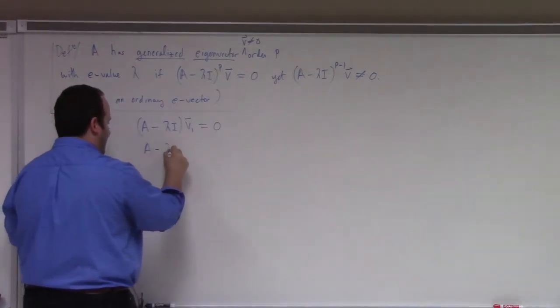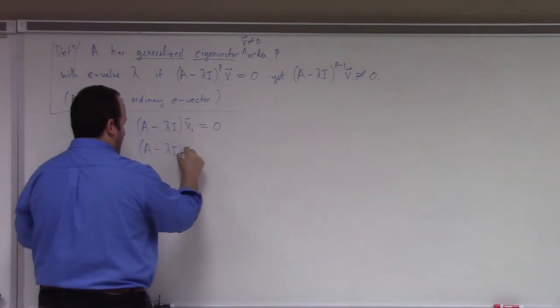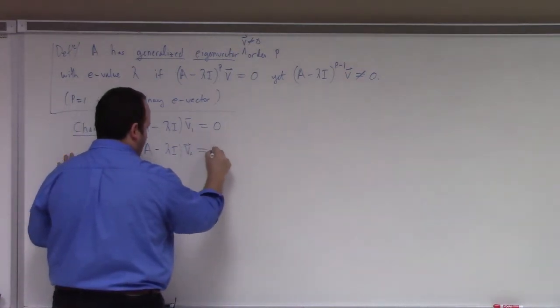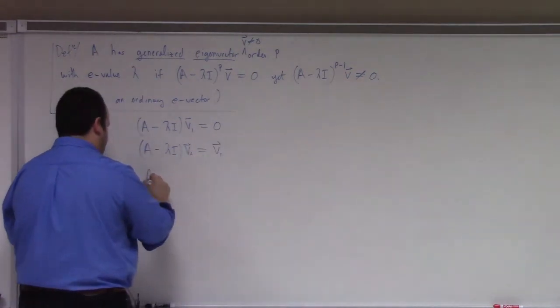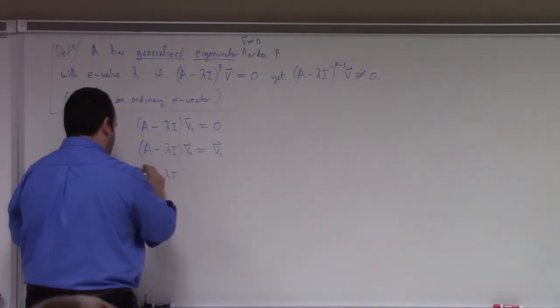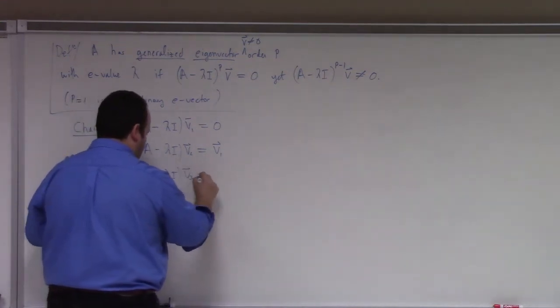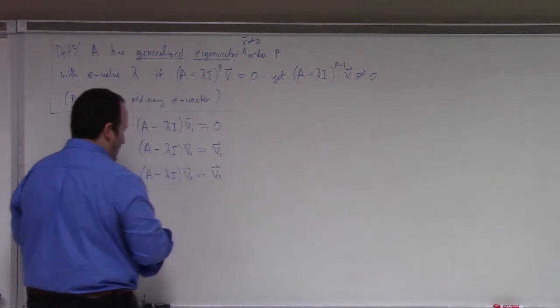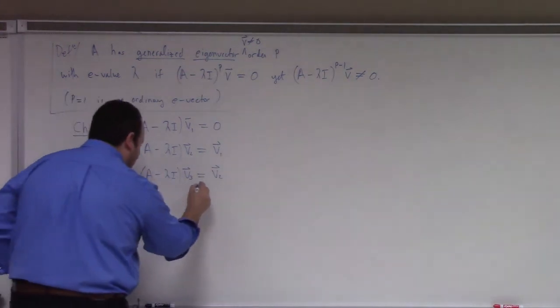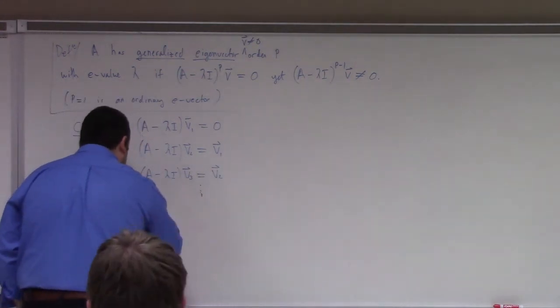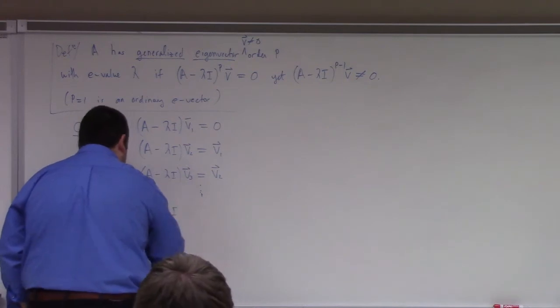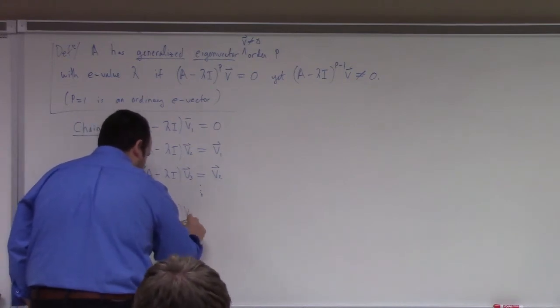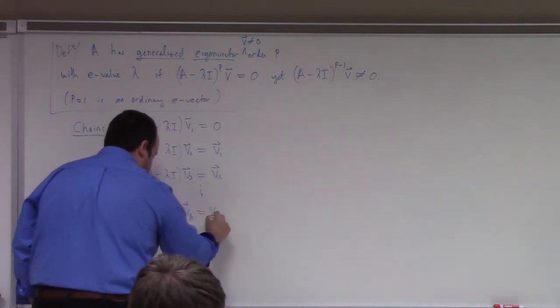A minus lambda I v2 equals v1. A minus lambda I v3 equals v2. All right, you get the idea. Dot, dot, dot. A minus lambda I vk equals vk minus 1.